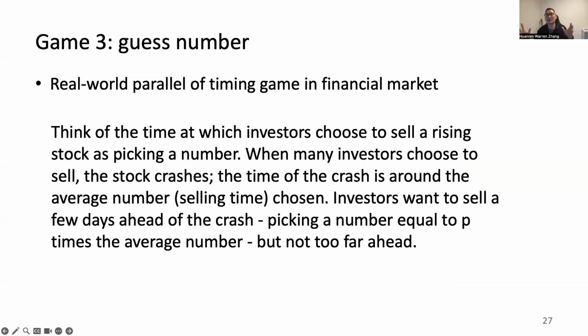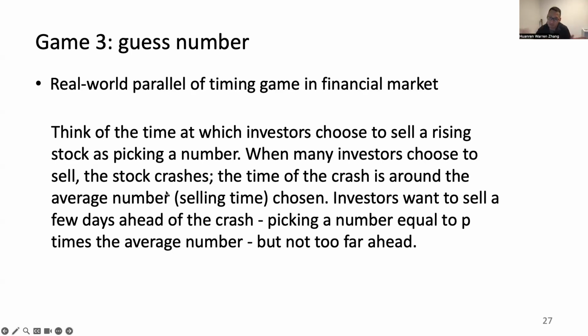So what are some applications of this guess number game? We can actually find a real-world parallel, a timing game in the financial market, that can be made analogous to this guess number game. Think of the time at which investors choose to sell a rising stock as picking a number, right? When many investors choose to sell, the stock crashes because of simple supply and demand.